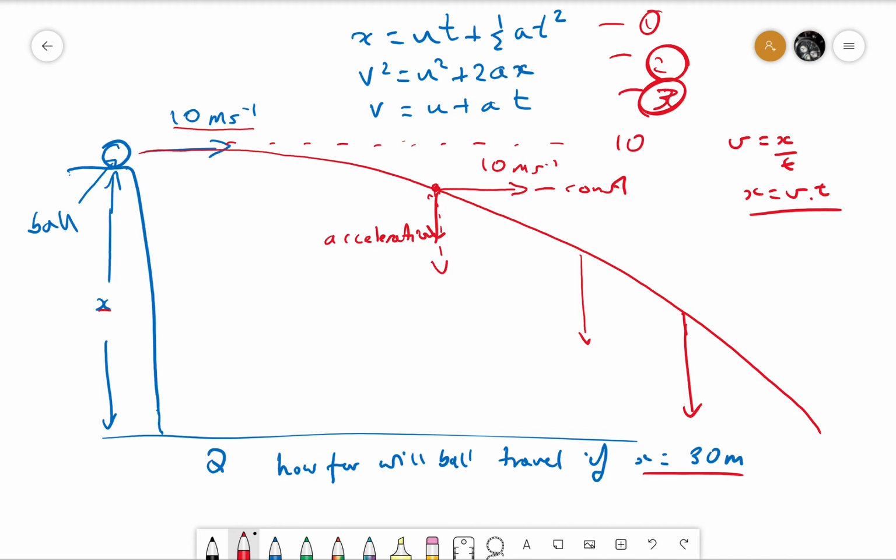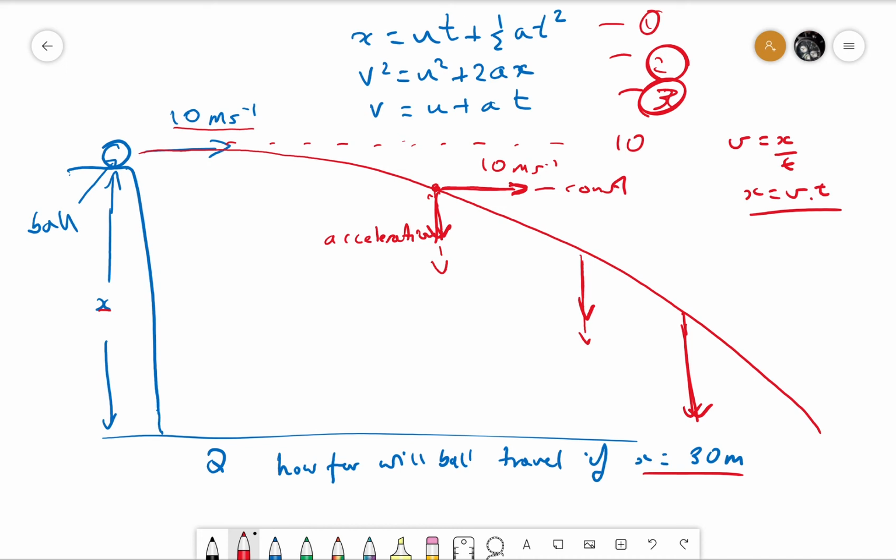So we've got two types of motion here, a horizontal component, which is constant, and a vertical component, which is getting bigger and bigger as the ball falls, because it's accelerating due to gravity. So we need to find out how long it's in the air for, and the easiest way of doing this is to use equation 1.